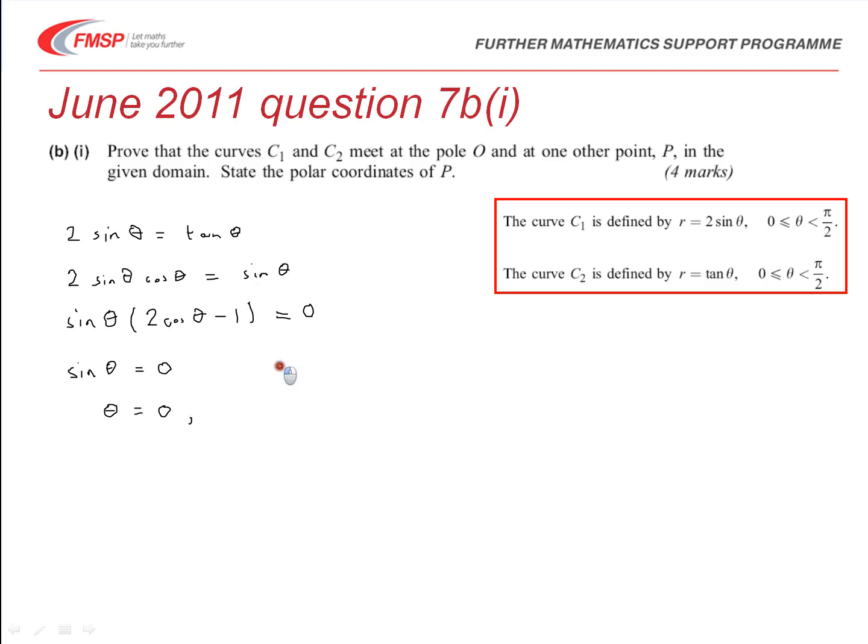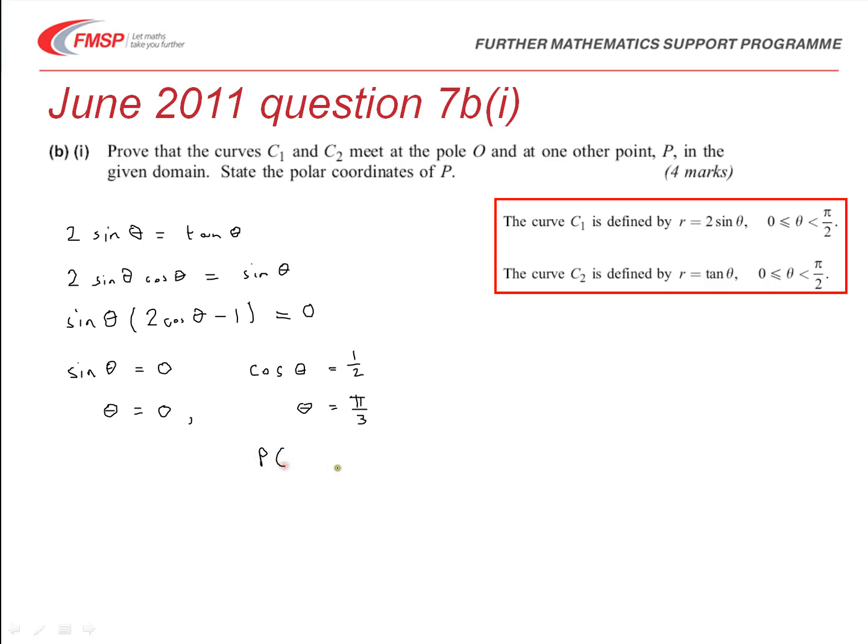And then secondly, we get the fact that the cosine of theta in the bracket must equal a half, and if that's the case, that tells us that theta, remembering the range of values is between 0 and pi by 2, can only be pi by 3. So this is the second point P that we're interested in.